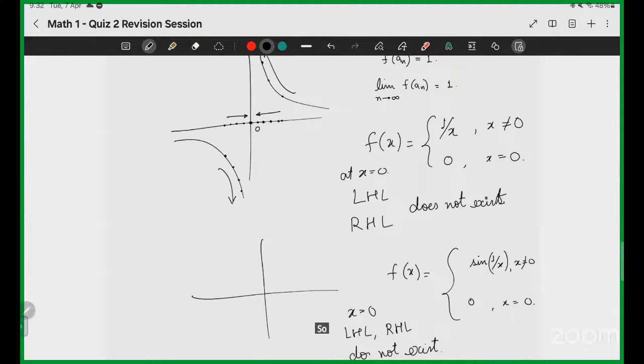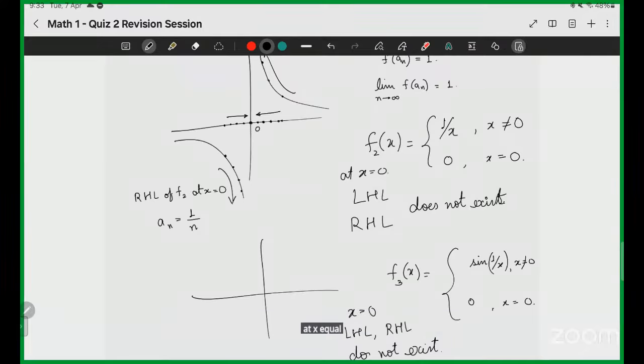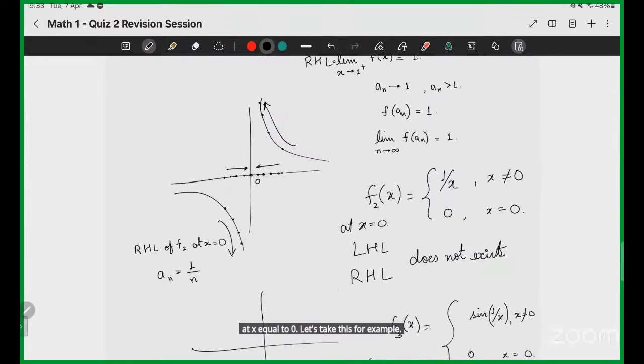I'm sorry, my internet is not stable. So if you consider the sequence for the computation of RHL of f at x equal to 0, let's take this for example: a_n is equal to 1 by n. This is a sequence which is greater than 0, which converges to 0. Look at what happens to f of a_n. f of a_n is 1 by x, right?